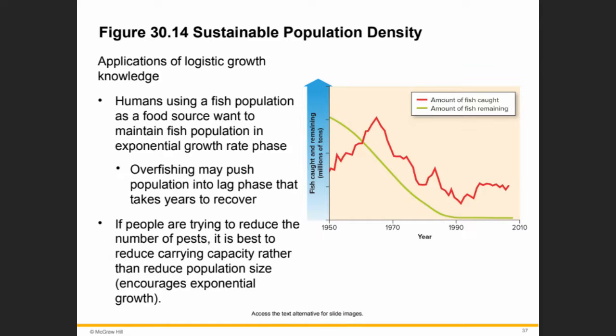So overfishing pushed the population into a lag phase that takes years to recover. If trying to reduce the number of pests, it is better to reduce the carrying capacity rather than reduce the population size. So it's better to encourage the exponential growth.